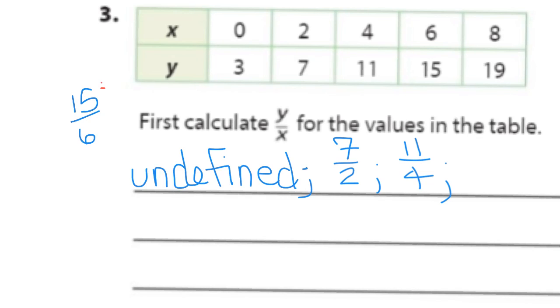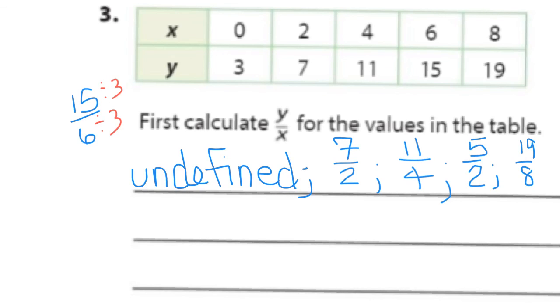I can reduce those both by 3, so I'm going to end up with 5 halves. And then 19 divided by 8. I'm going to leave that because I can't reduce it.